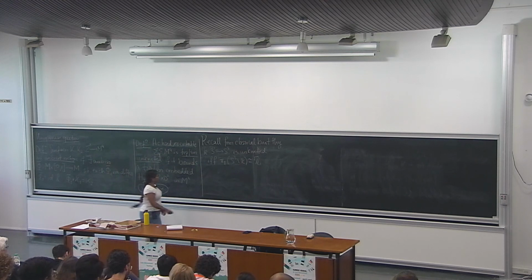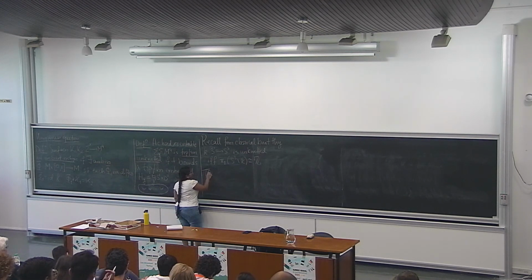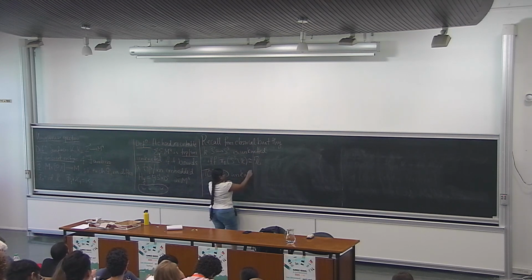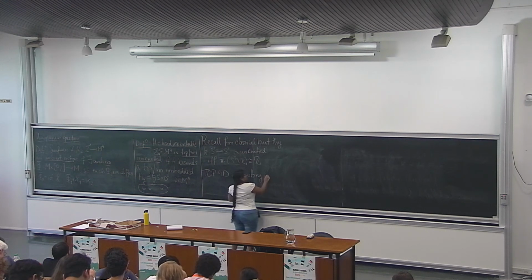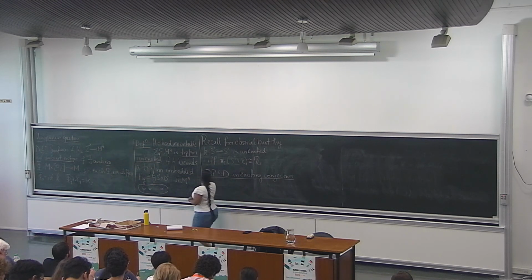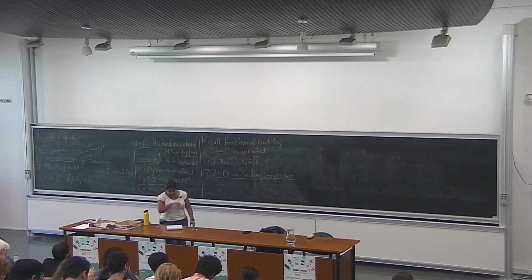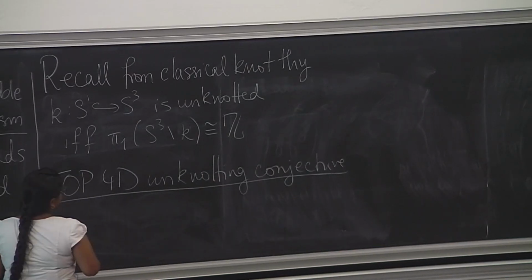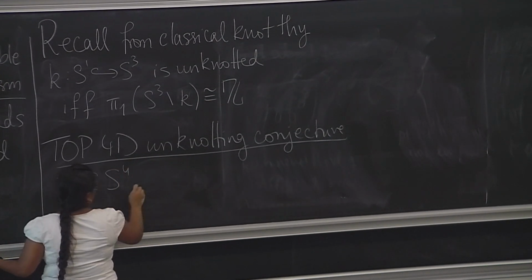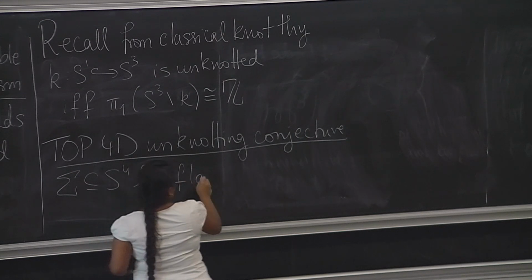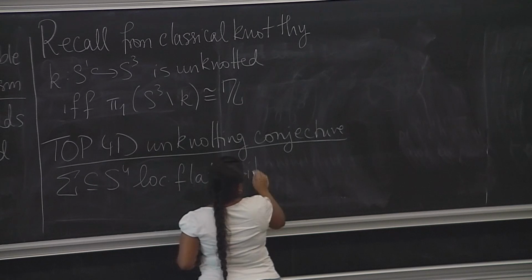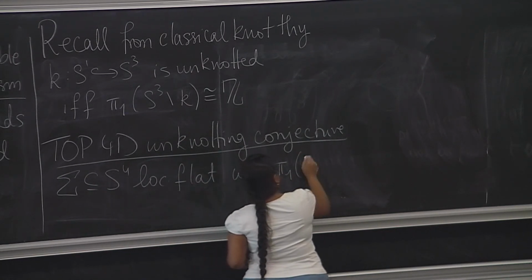The question makes sense. So here you have the topological 4D knotting conjecture. Suppose you have a locally flat surface with infinite cyclic pi1 of the complement.